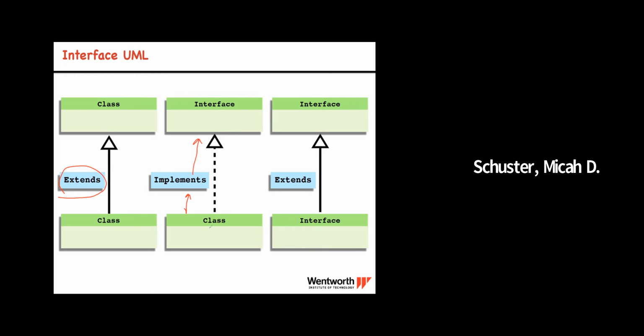So if it's a class implementing an interface, it's a dashed line instead of a solid line. Interfaces can actually also extend other interfaces. So that keyword extends is what you use in that situation, and it is a solid line for that. So an interface can extend another interface. So you can actually have interfaces connected together as well. But most of the time, these are the two that you're going to see.